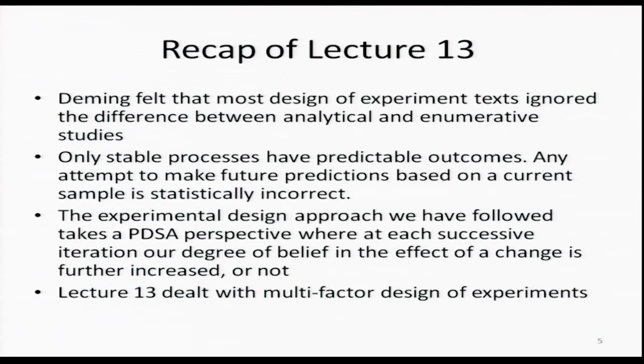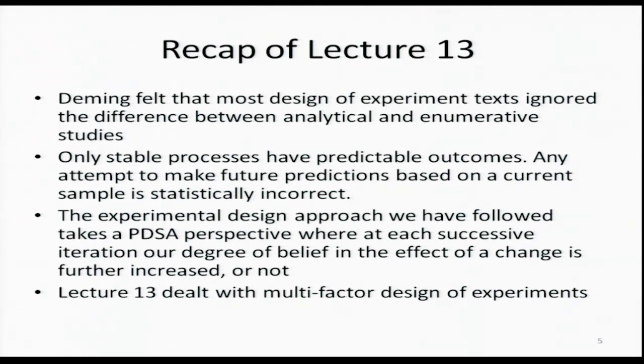Deming's focus was on stability of the processes, which was determined by the X bar and R chart and the SPC charts, where he said that only when you have a stable process can you have predictable outcomes. And if you have a current process which is stable, its stability is only guaranteed for the present, and that is the reason why you need to maintain SPC charts.